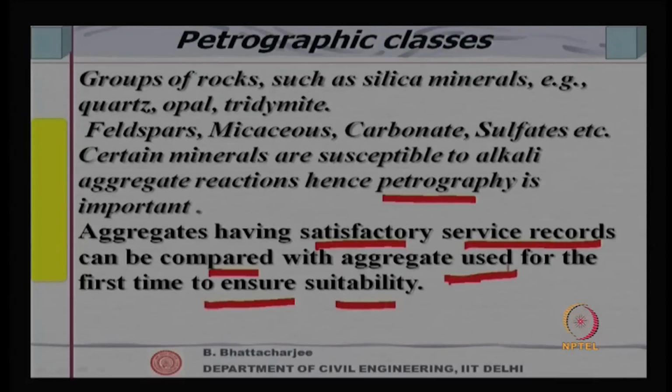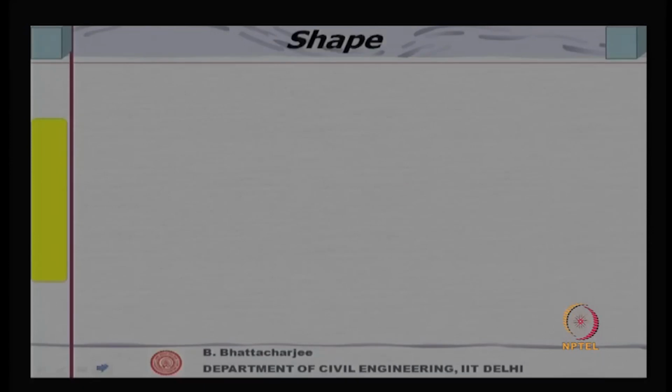If you are using it for the first time, that is where you have got to look into their suitability. The ones which have been used for a long period of time, one need not bother about them. So, petrography is done in order to find out the mineralogical composition, type of minerals present, and to identify whether potentially alkali aggregate reactive minerals are present or not.